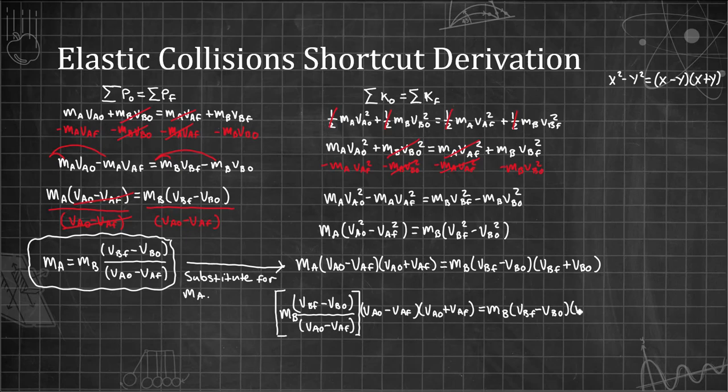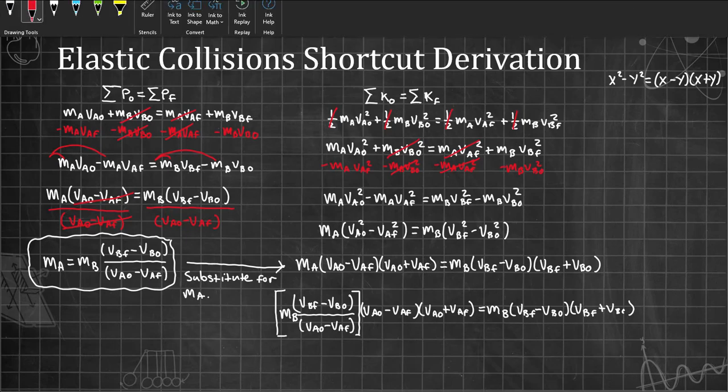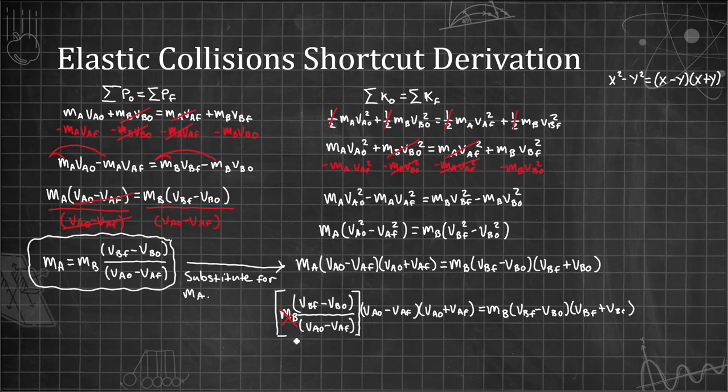Plugging this in, all we've done is replace ma with the equation from conservation of momentum, and we get this new expression. We get to cancel out mb on both sides, and then we see that we have va initial minus va final in the denominator and the numerator, so we cancel those out on the left-hand side. Then we have vb final minus vb initial on both sides, so we can cancel that out as well.